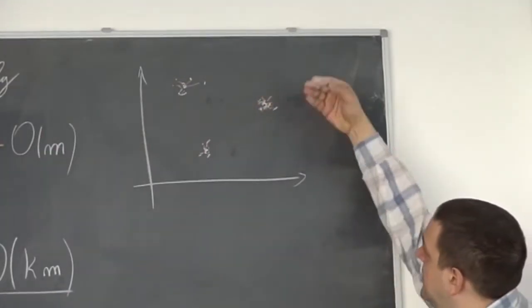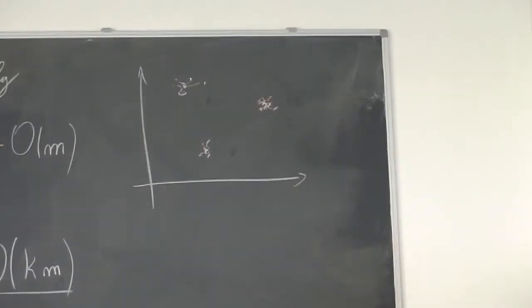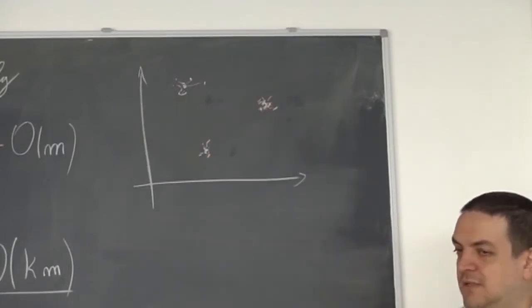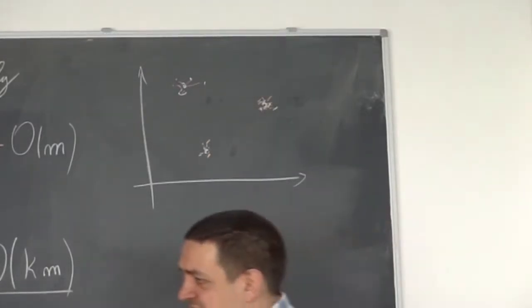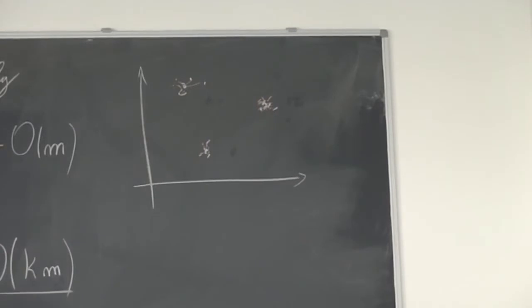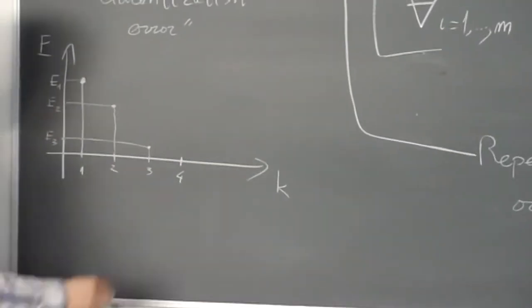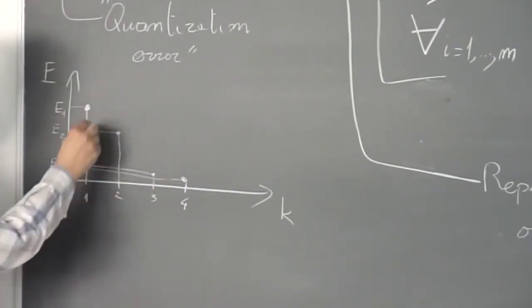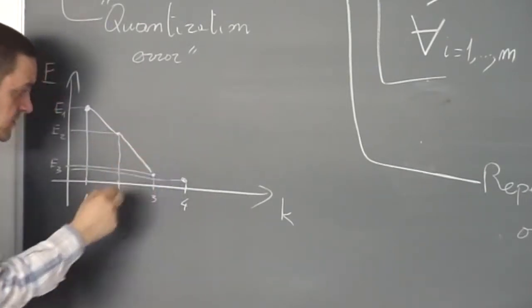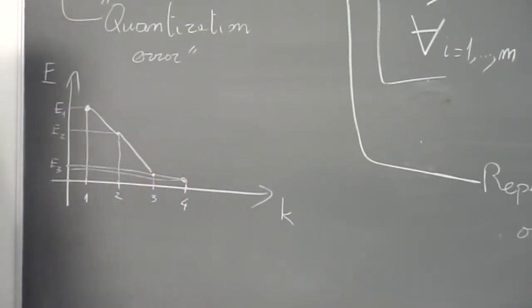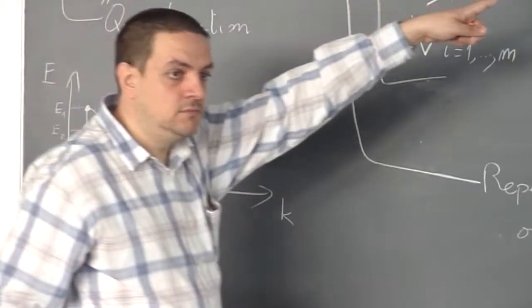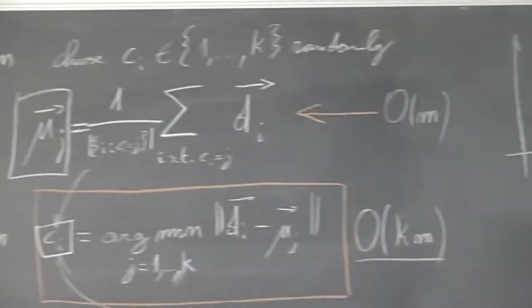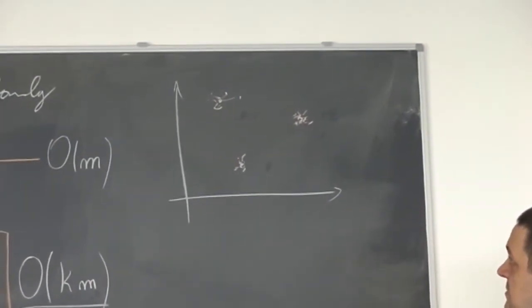Of course, the larger the number of representatives that we put, the smaller the error. So every time we increase k, somehow we will reduce the quantization error. But the step from k equals 3 to k equals 4 is negligible with respect to the others. We have significant reductions in the first steps, and then negligible reductions when we move to more clusters.